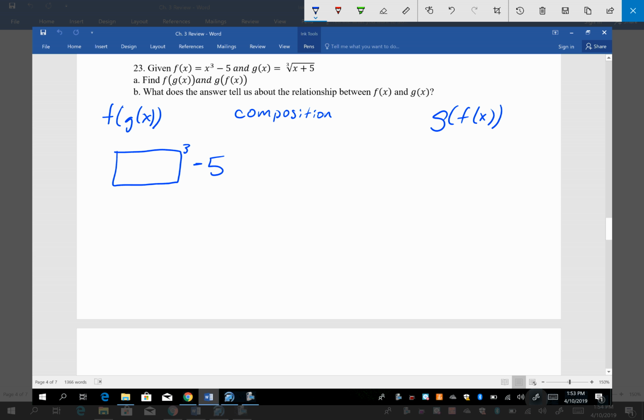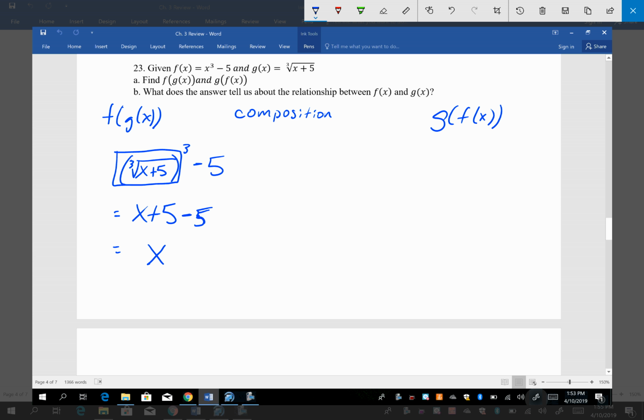The g of x. So in parentheses, I'm going to put the cube root of x plus 5. Now what happens when you cube a cube root? Those are inverse operations, so they go away and leave you with just x plus 5 minus 5, which is equal to x.